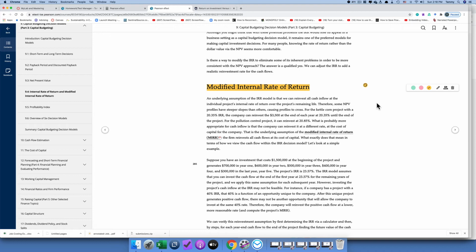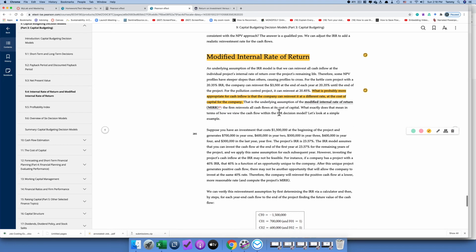But that is probably not realistic. What is probably more realistic is that we can reinvest any cash inflow from this project at the cost of capital for the company. That is the assumption underneath the modified internal rate of return.